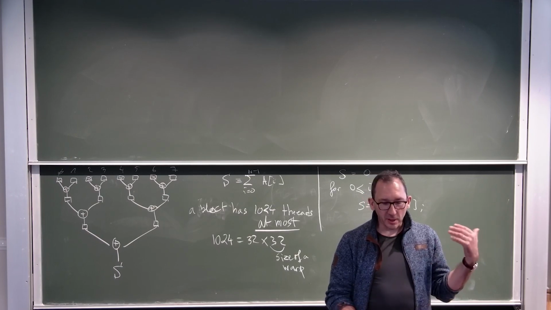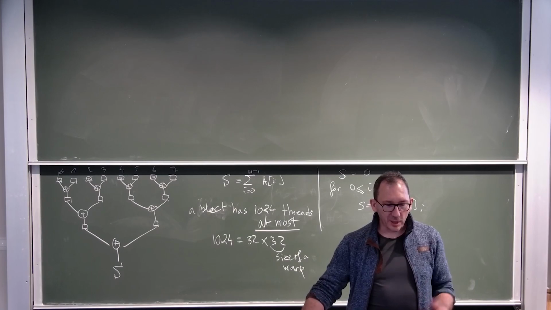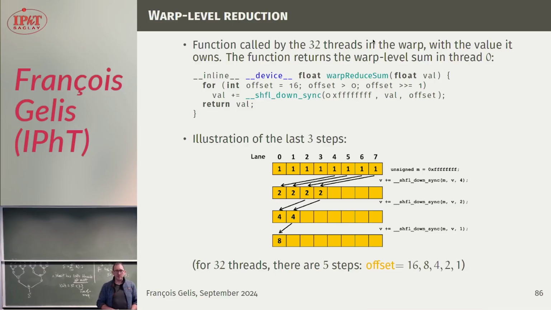So in C and CUDA/C, you will have to do it explicitly. But it's a function that you don't even have to invent yourself. I found it on the internet, of course, and you just copy it and paste it.